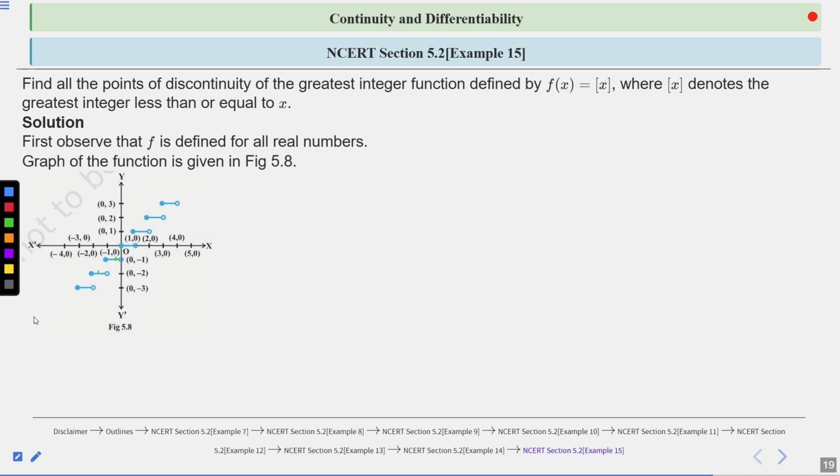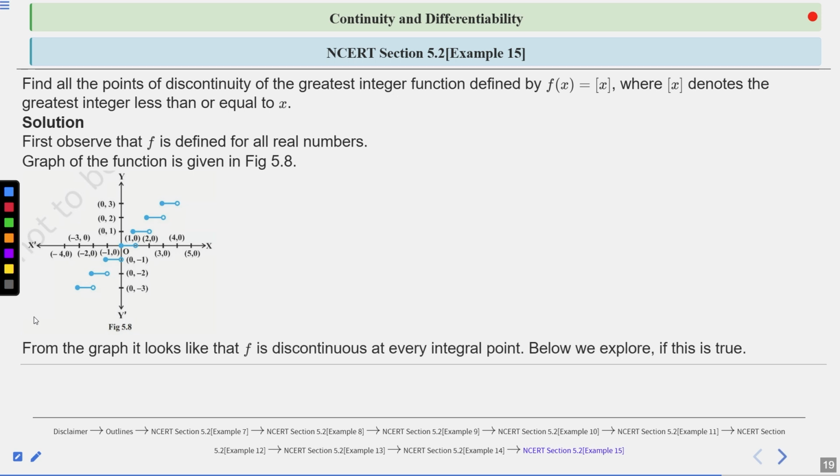You can easily observe that the function is discontinuous at every integer. From the graph, it looks like f is discontinuous at every integral point.